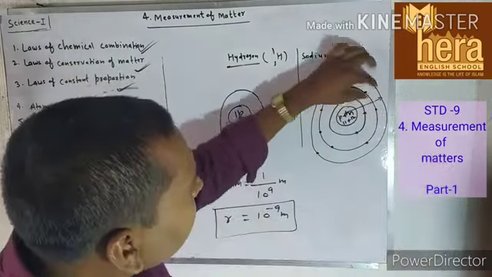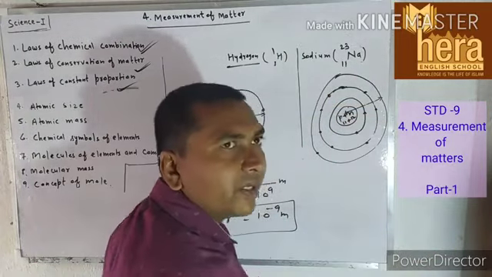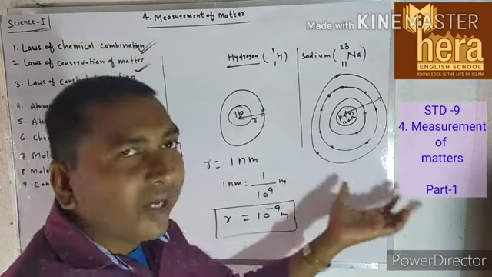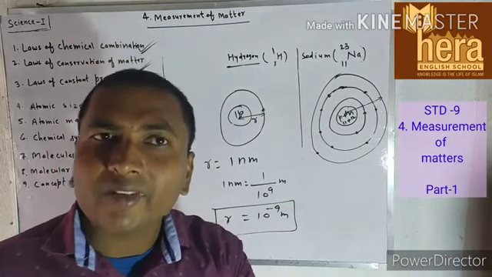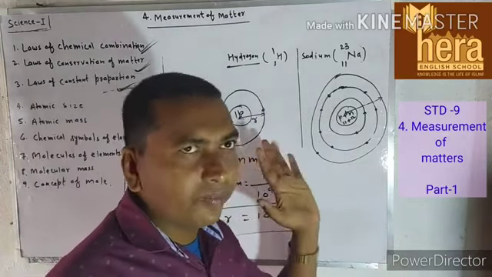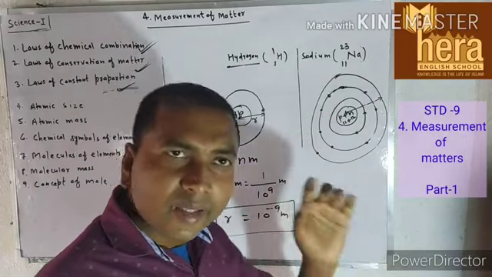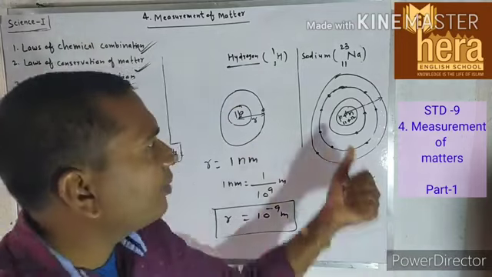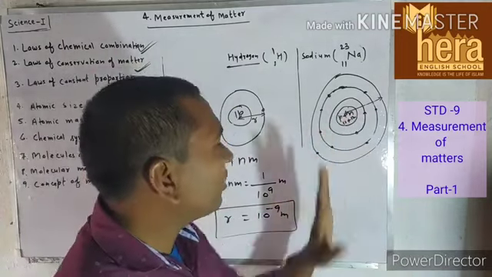So if you ignore the mass of electrons, there is only the mass of the nucleus. Atoms have atomic mass due to the nucleus only. Electrons do have mass, but it is very small compared to protons and neutrons. That's why we ignore the mass of electrons.